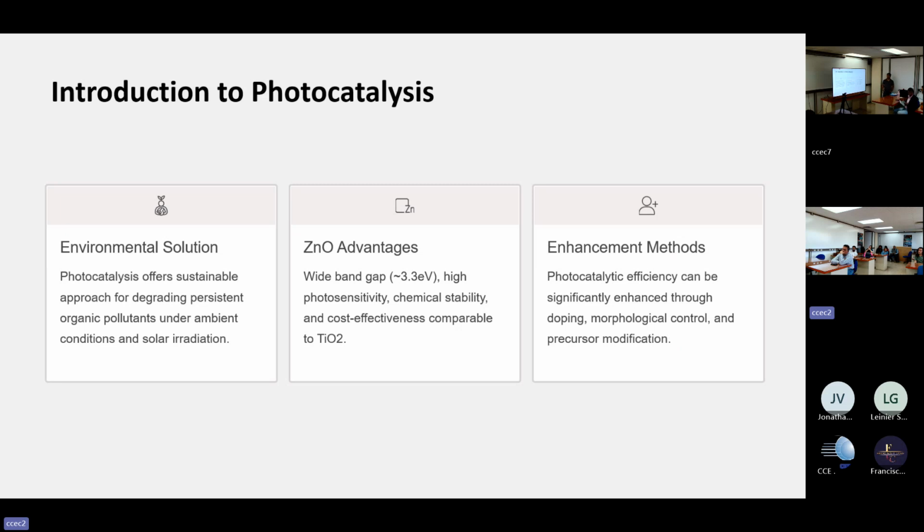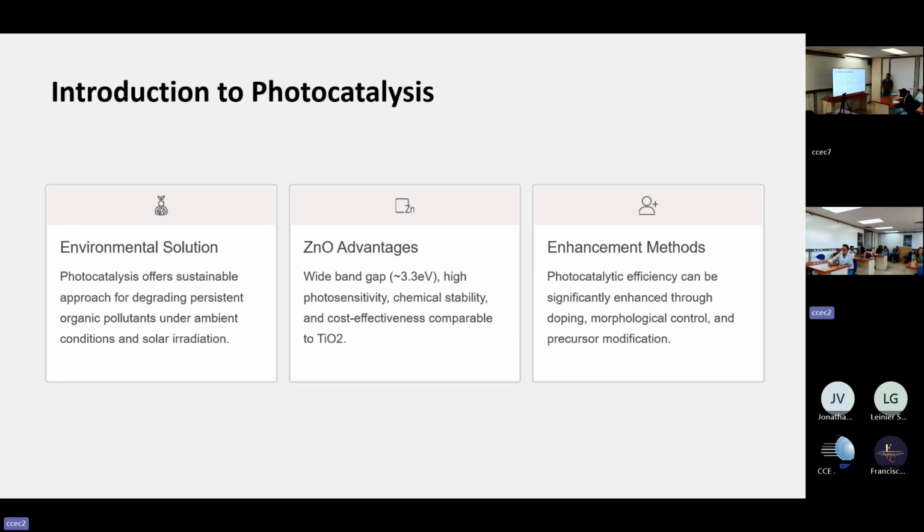Among the most studied photocatalysts, zinc oxide stands out as a semiconductor due to its wide band gap, high stability, and low cost.